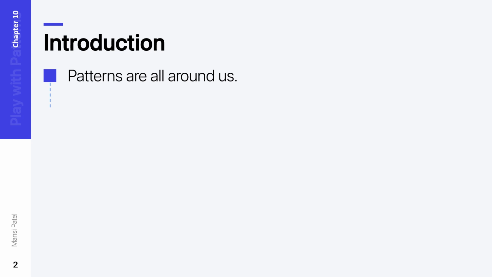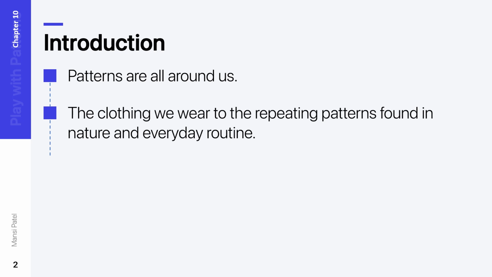Patterns are all around us. If you look around you, then you can see patterns in many different objects, in many different things. Where can you see the patterns? In the cloth you wear, there are repeating patterns found in nature and in everyday routine.